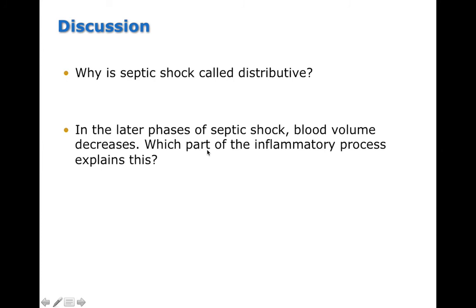What's kind of fascinating here then is that through massive vasodilation, blood's going to get shunted to kind of odd locations, like your skin, muscles, maybe even some internal organs, and it's going to pool there, and that's why it's inadequately distributed. Now, in terms of losing blood volume, this could come from a lot of different sources.